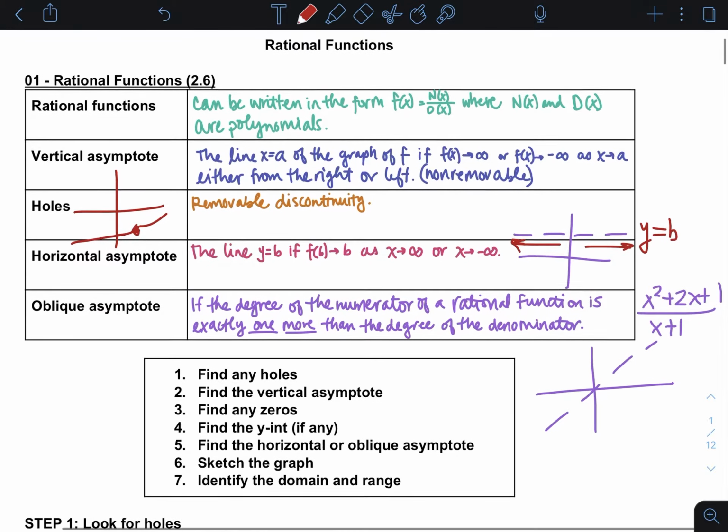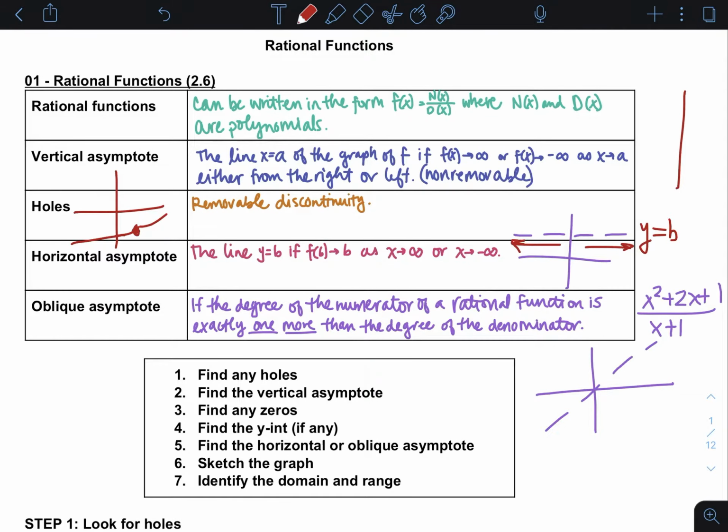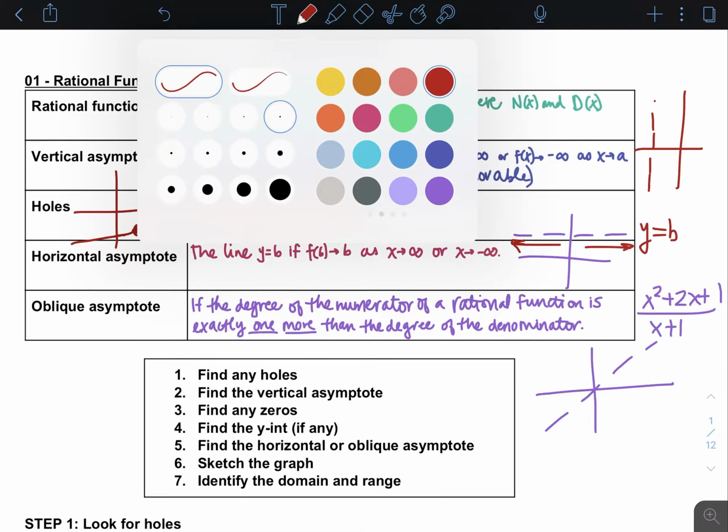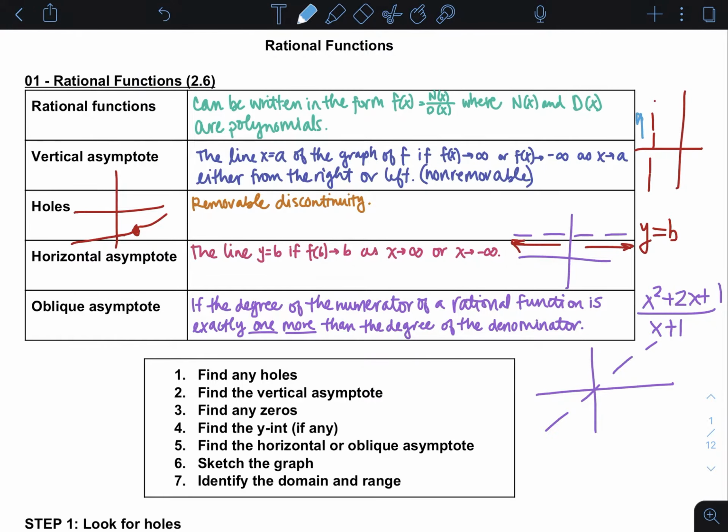Our vertical asymptote is something that looks like that. And the y values, if I switch colors here, are approaching positive infinity or negative infinity at the same x value, as x remains x equal to a.